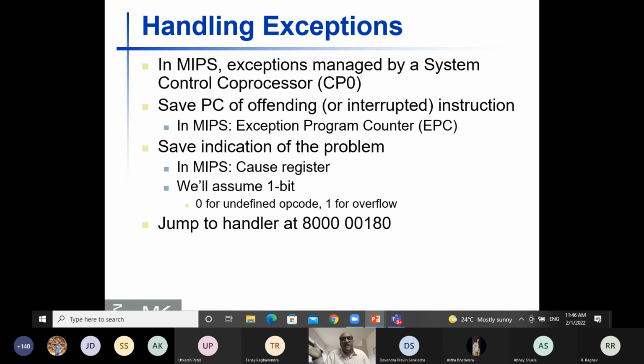It's up to you whether you consider that or not. If you don't consider it, you will end up with a wrong result. Or if you consider it, then you need to take some preventive action. Now that the overflow has occurred, you have to take an appropriate action.